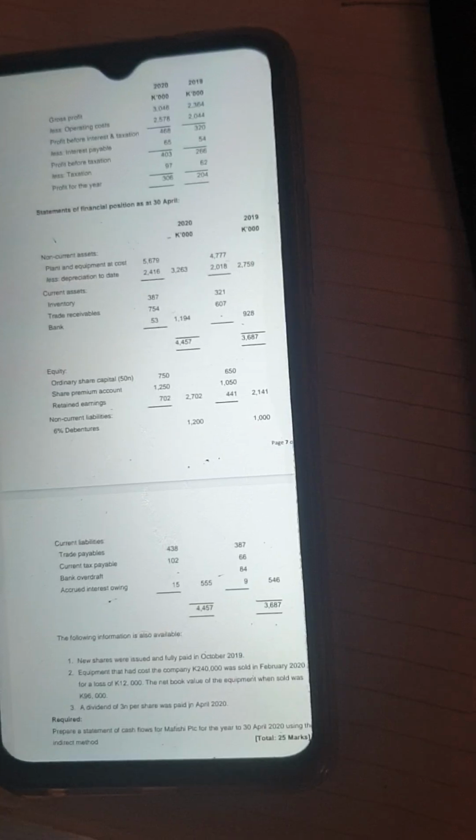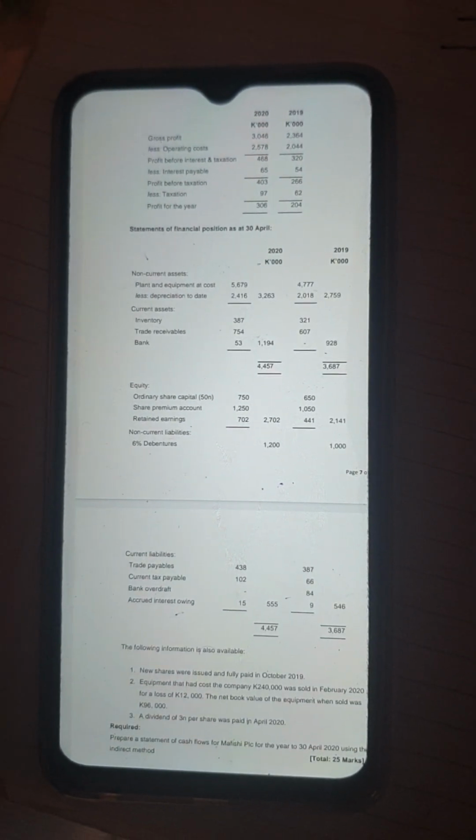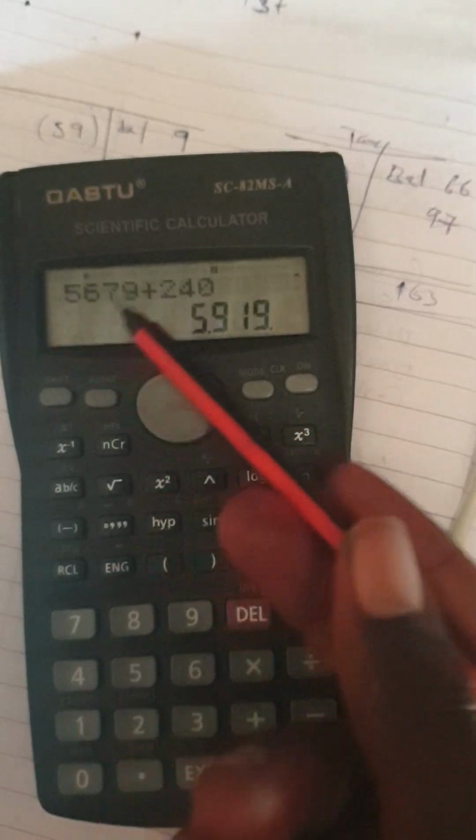So in our case, our closing was 5679 plus the cost of items which were sold. So the cost of items which were sold were 240,000. So 5679 plus 240, which simply means if the items were not sold, the total should have been that. But now since 240 items were sold, that's why I remained with that as the closing.